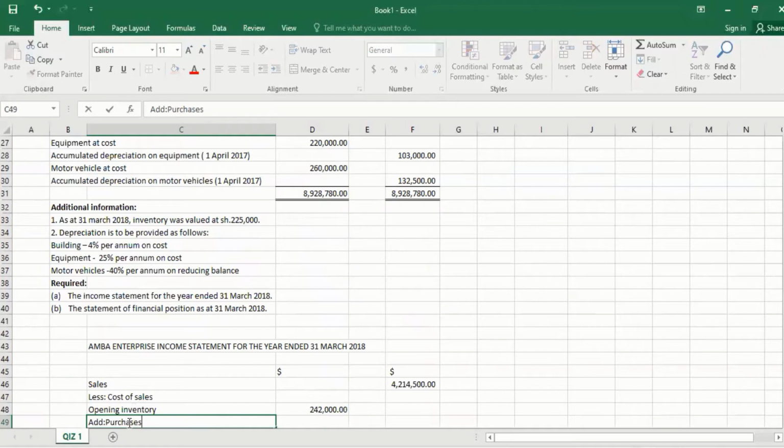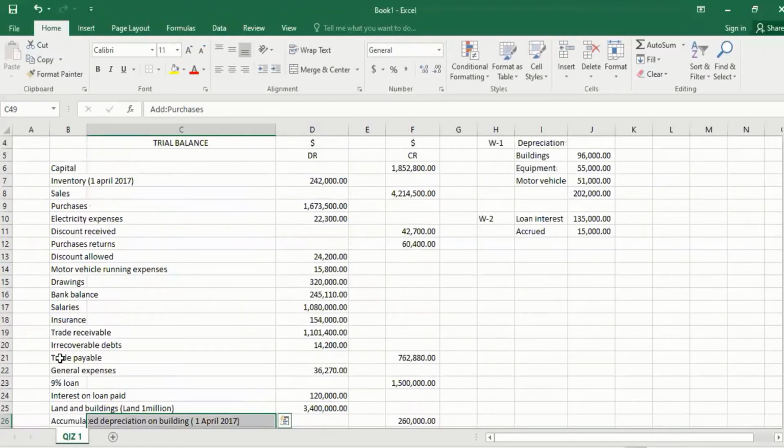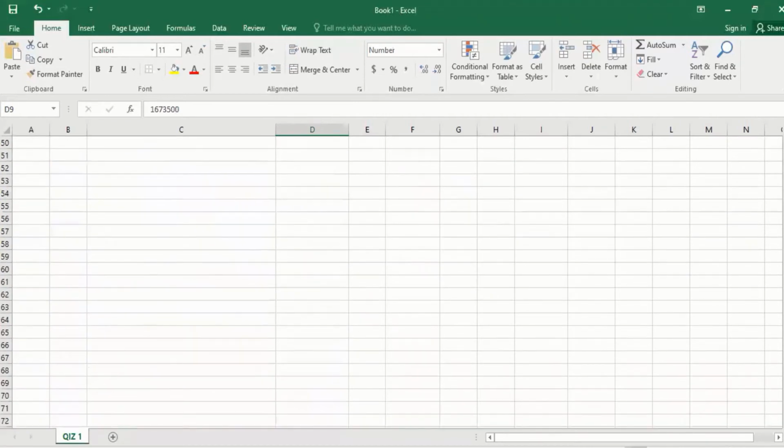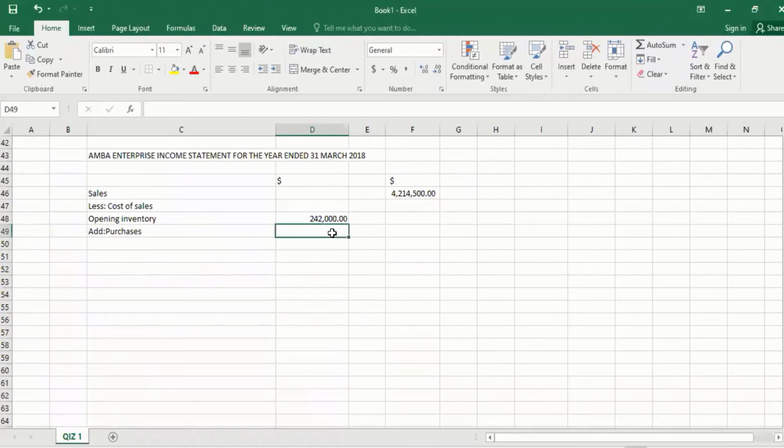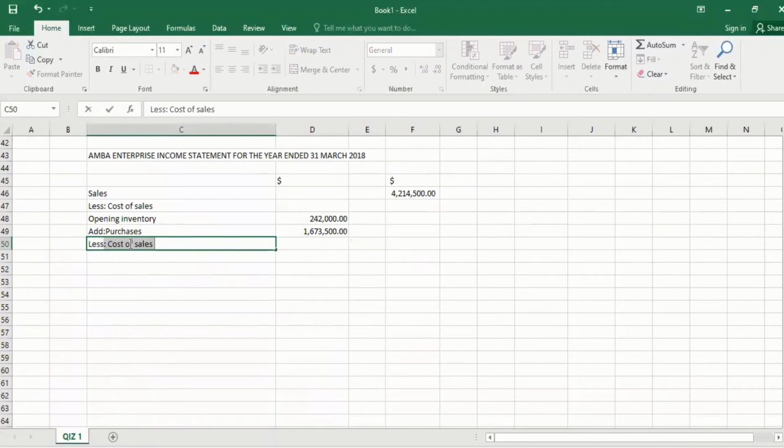I just need to click this one to copy the value for purchases, and then paste it there.